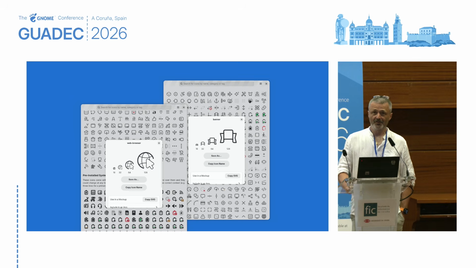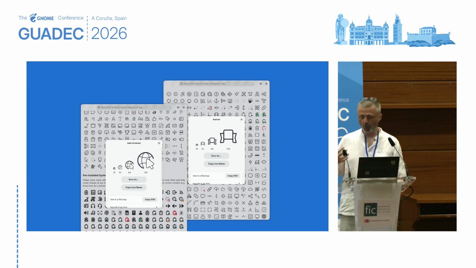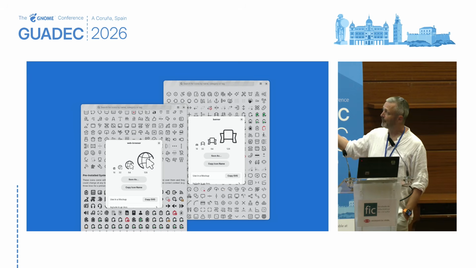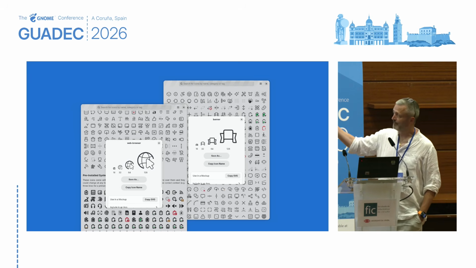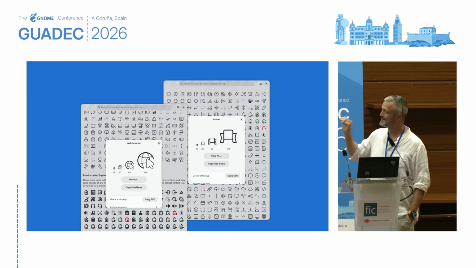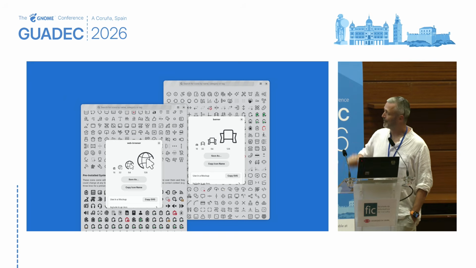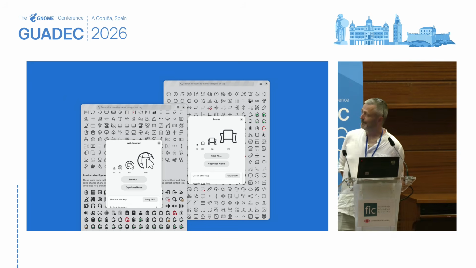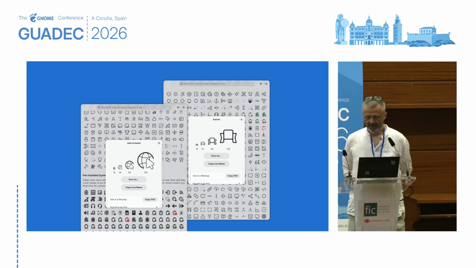The other existing tooling, Maximiliano has done initial work on, is Icon Library, which is the tool to look up icons and get some hand-holding hints on how to take them and put them into your app as a GResource.